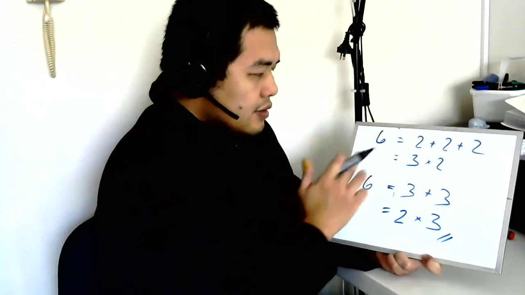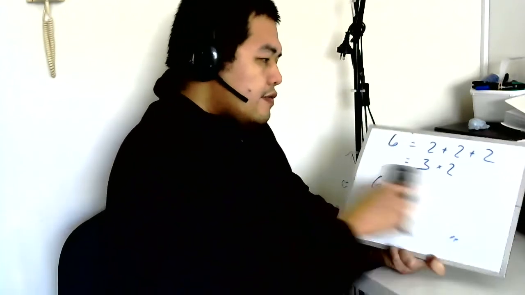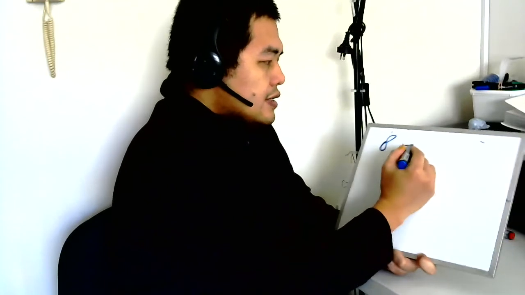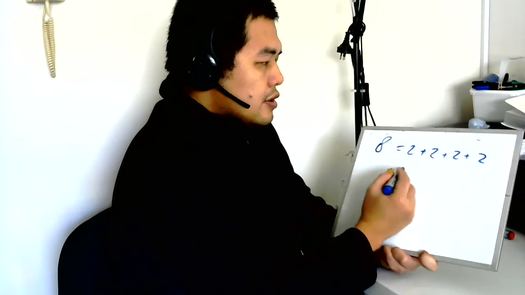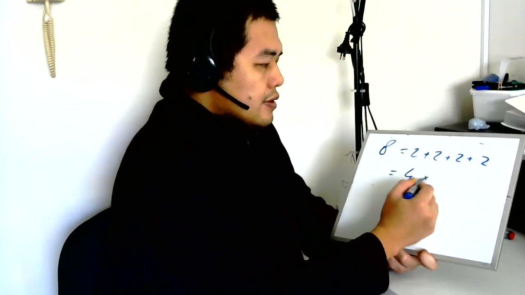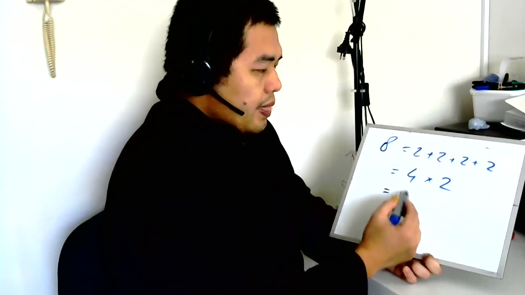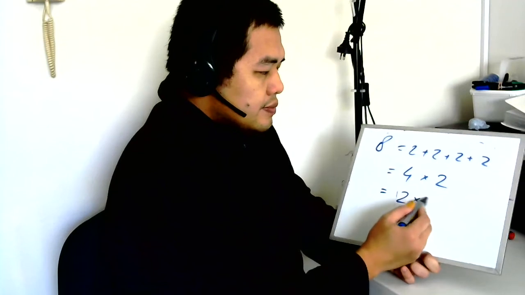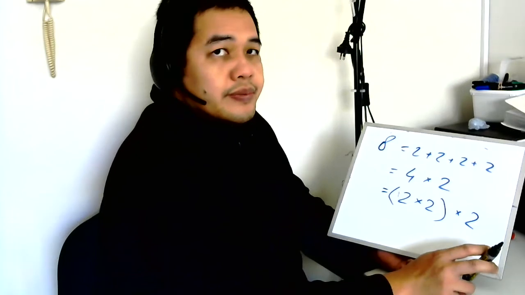So 6 equals 3 times 2 or 2 times 3. Now if we look at another number, for example, 8, it is 2 plus 2 plus 2 plus 2. So it is 4 times 2. And 4, we have learned before, is just 2 times 2, and then we multiply by 2.